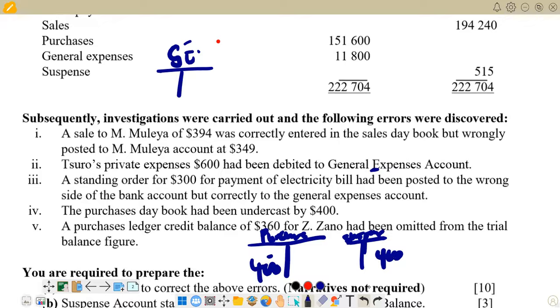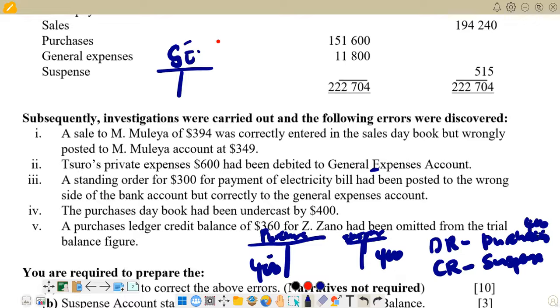So basically, if you look at the double entry here, we are debiting purchases, and then we are crediting suspense. This is the double entry that we have, and the amount there is 400.